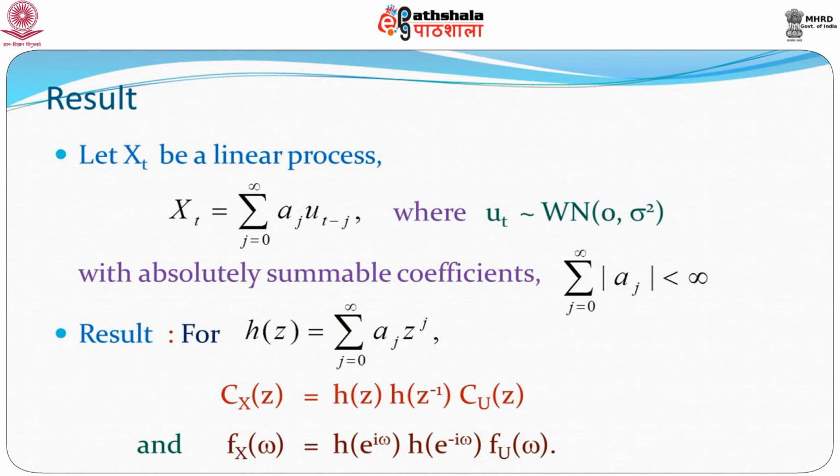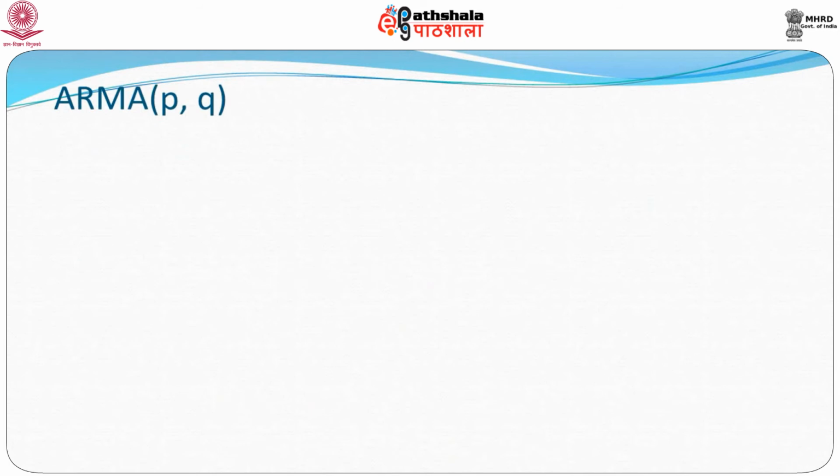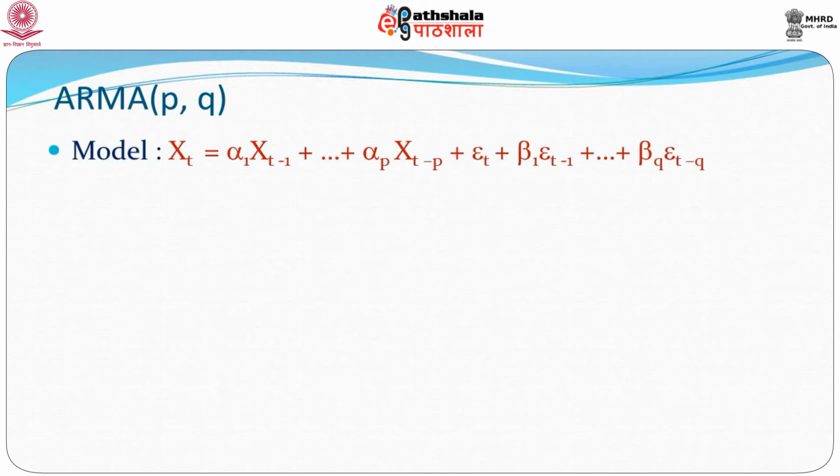Let us see how we can do this. We'll start with the ARMA(p,q) process. So ARMA(p,q) is given by x_t equal to alpha_1 x_{t-1} up to alpha_p x_{t-p} plus epsilon_t plus beta_1 epsilon_{t-1} up to beta_q epsilon_{t-q}, where the epsilon_t's are the innovations or the white noise.